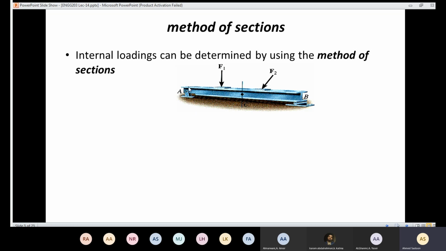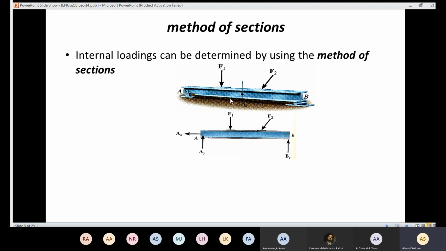For example, here we have a simply supported beam. Here I have a roller, and here I have a pin, and I have a system of loads. Then in order to know the internal forces, we need to take a section at the point of interest. Assume that I need to know the internal forces at the middle of the beam.